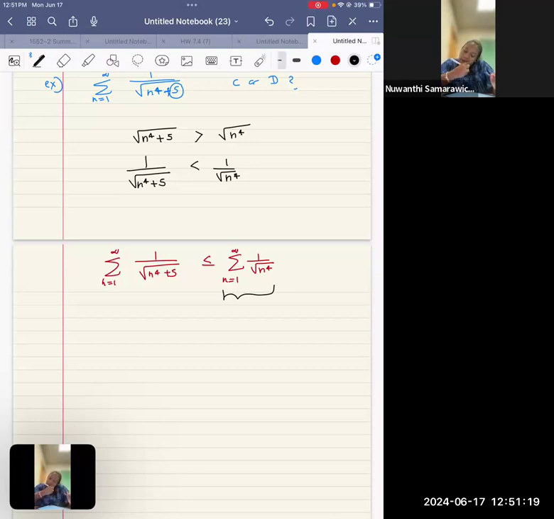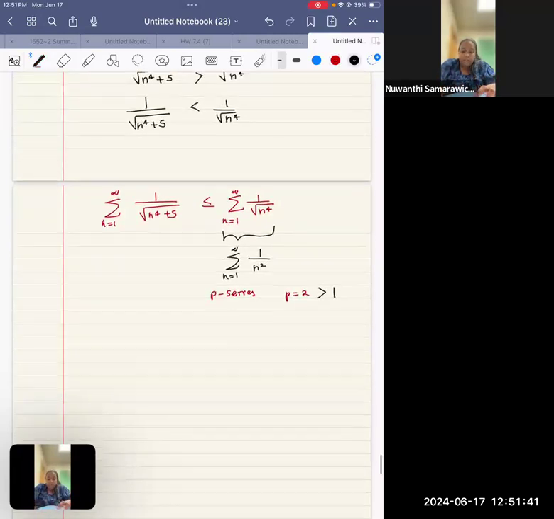When you take the square root of n to the power 4, that is the same as n squared, so 1 over n squared. Again we are going to use the p series because we have a power. So p is 2 here, and 2 is greater than 1. So by the p series, this part is convergent.